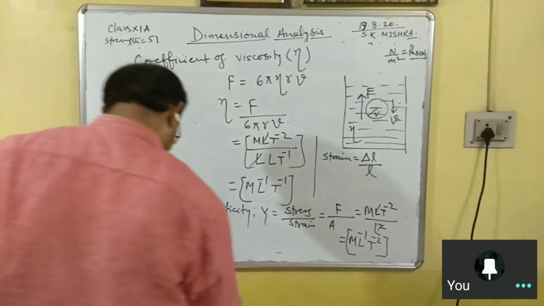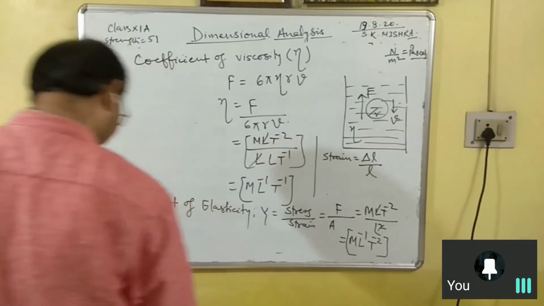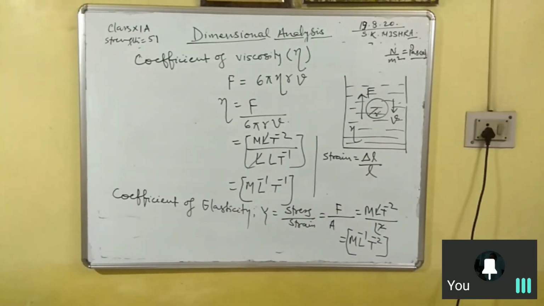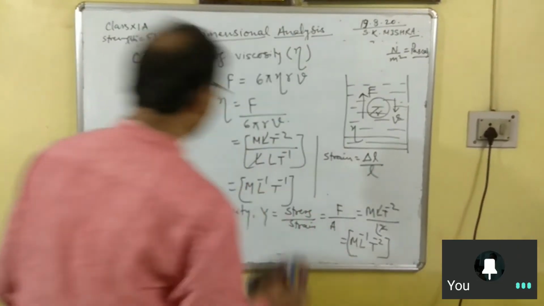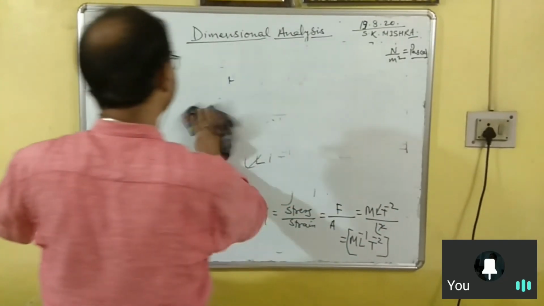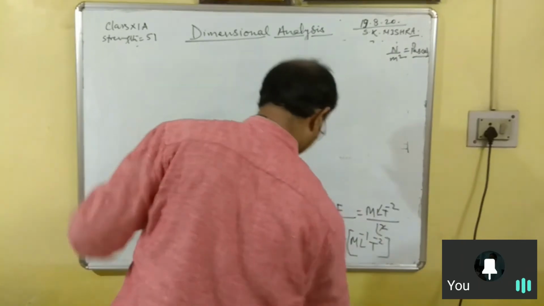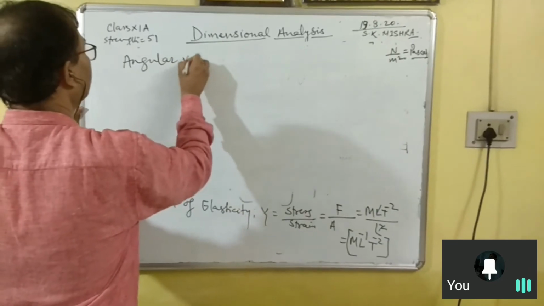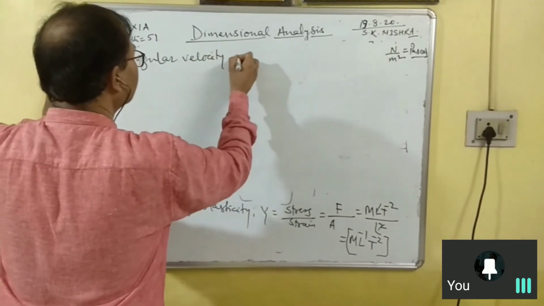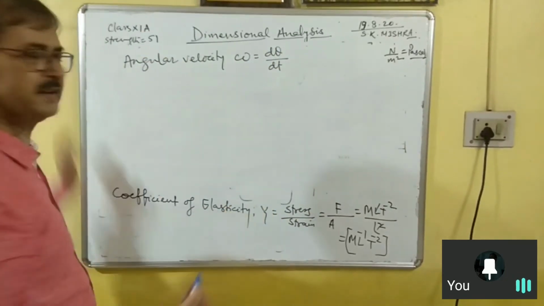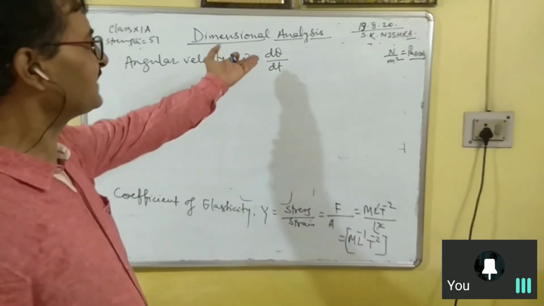Now, talking about some more physical quantities, like angular velocity. Angular velocity is denoted by omega and is d theta by dt, or delta theta by delta t for the average angular velocity, but instantaneous is d theta by dt.